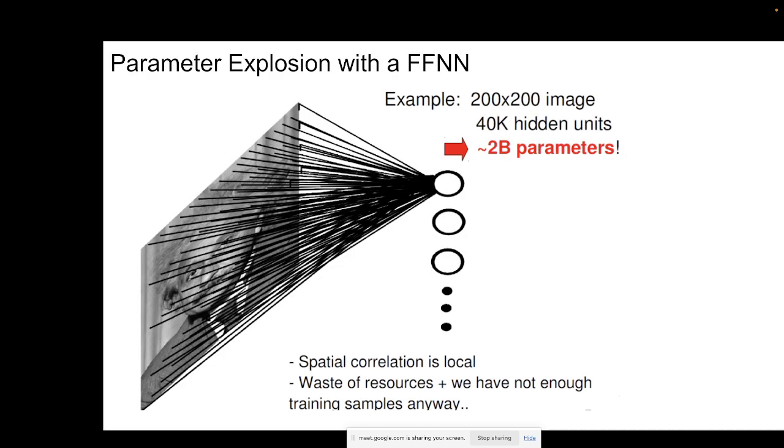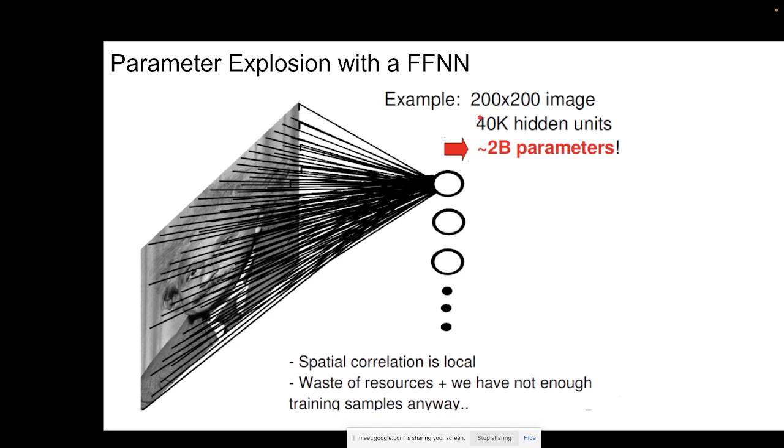So here is a visualization of what is going wrong with the current feed forward neural network. FFNN stands for feed forward neural network. Imagine this picture of Einstein, and suppose the image is very small, let it be 200 cross 200.